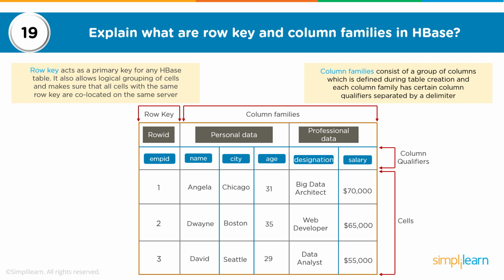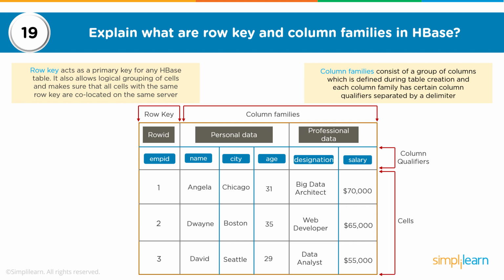You have a row key, which is always unique. You have column families, which are nothing but groups of columns. And when I say column families, one column family can have any number of columns. So when I talk about HBase, HBase is 4-dimensional, and it is also called a column-oriented database, which basically means that every row in one column could have a different data type.